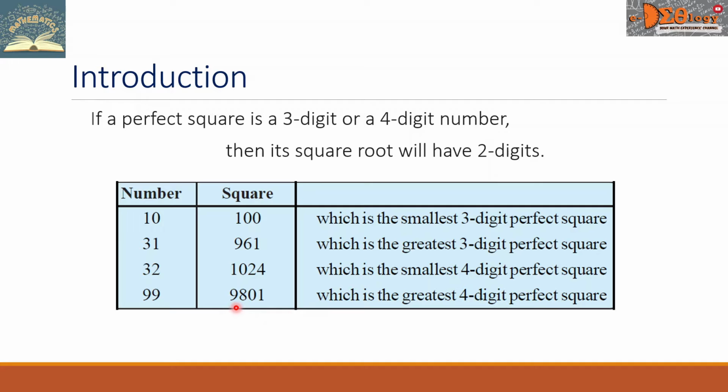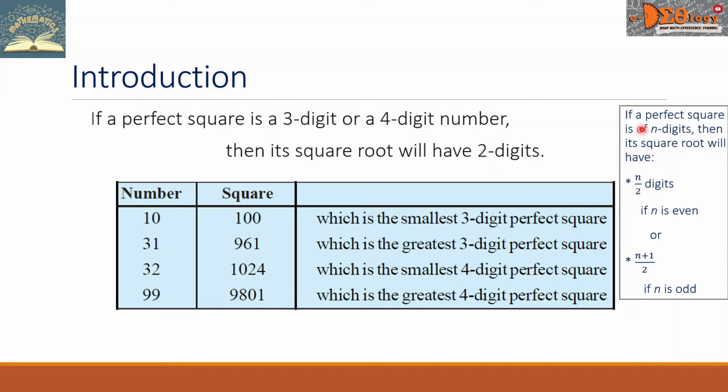The number 9801 is the largest or the greatest 4-digit perfect square, and the square root is 99. Then we generalize.